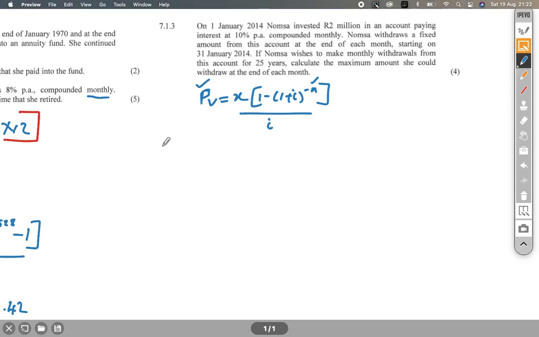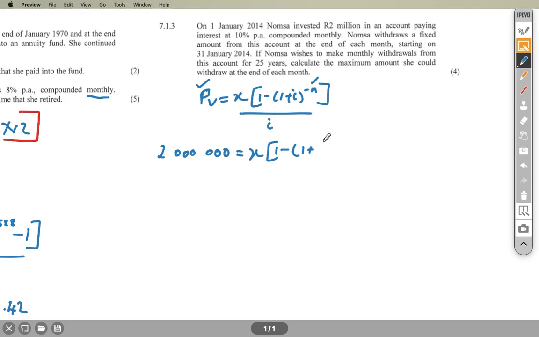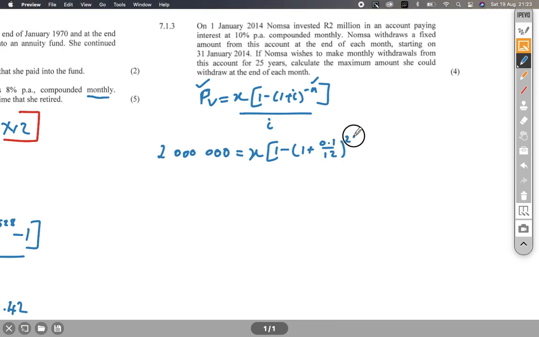So we're going to have our 2 million this side, and then we do not know what x is. So our interest rate is 10%, which is going to be 0.1 over 12, so it's compounded monthly. And then here you're going to have negative 25 times 12, and then divided by our interest rate.